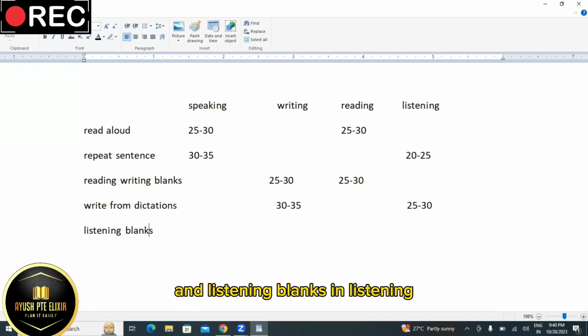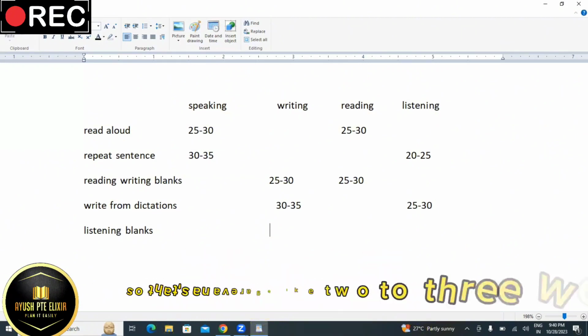And listening blanks, in listening, they are approximately 2 to 3 in number. How many did you get, Raju, in the exam? Sometimes 2, sometimes 3. Yes, so that's an average of 2 to 3.